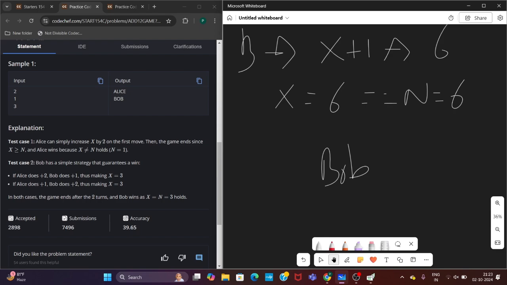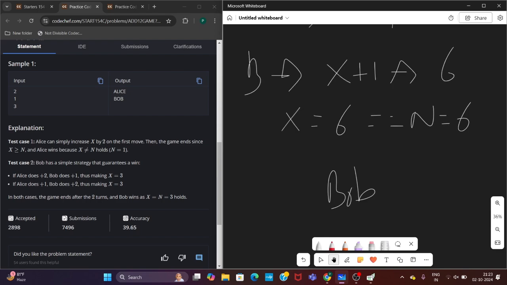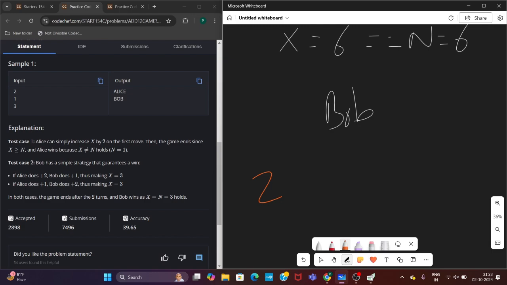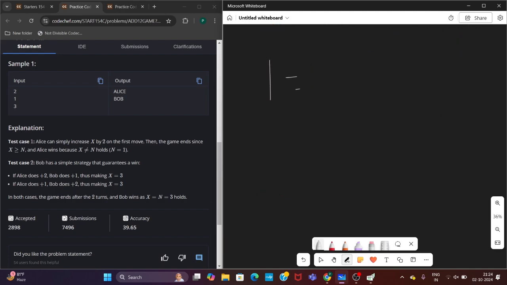So we are able to see that if we take any number from 2 to infinity, in each case Bob will win. But there comes an edge case: what if n equals 1?